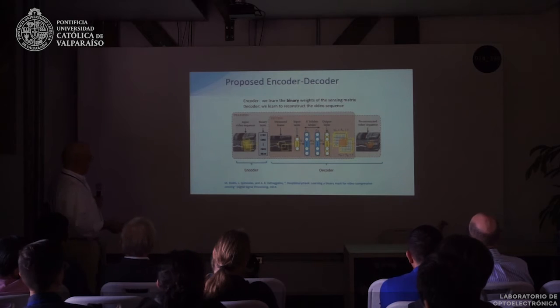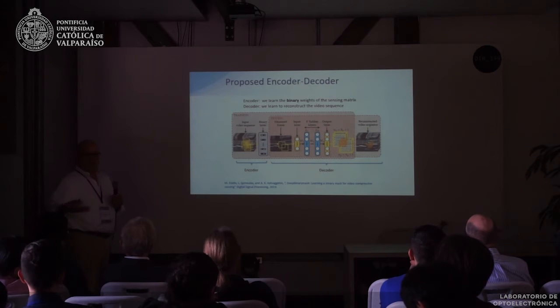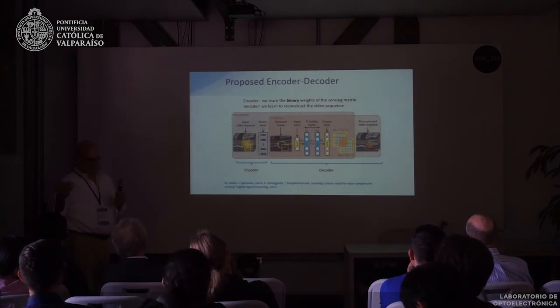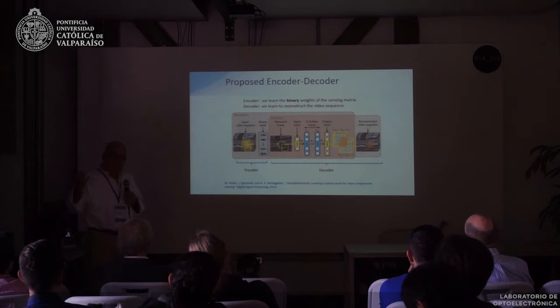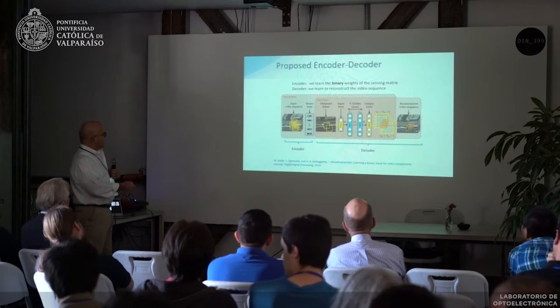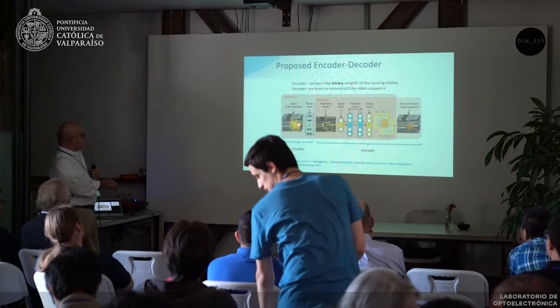We take it a step further, which is instead of using random masks, as it's typically done in practice in the community, we also ask the question, okay, are there certain coded masks that are more suitable to improve performance? So we have an encoder decoder here.